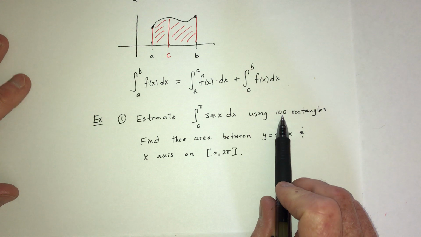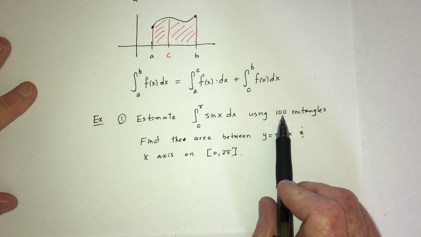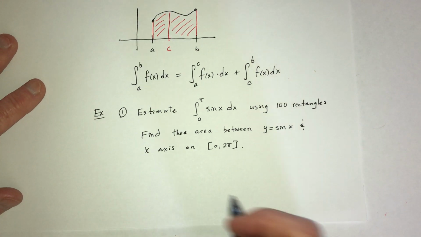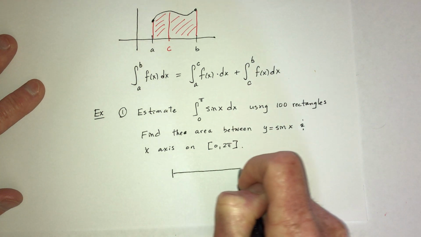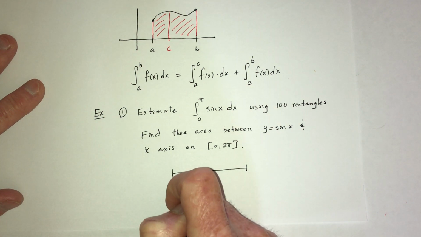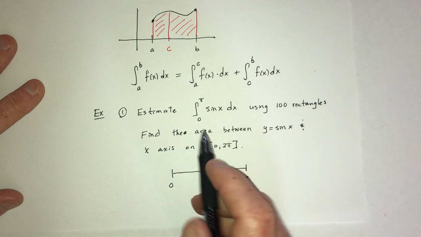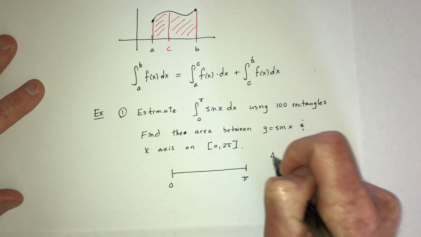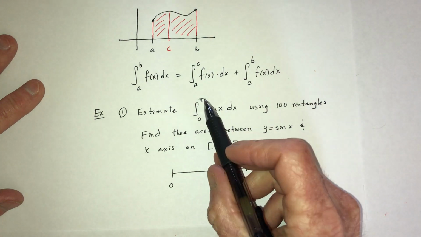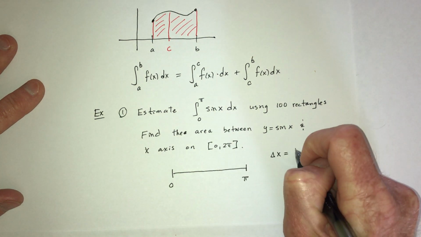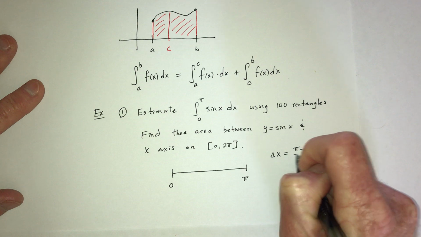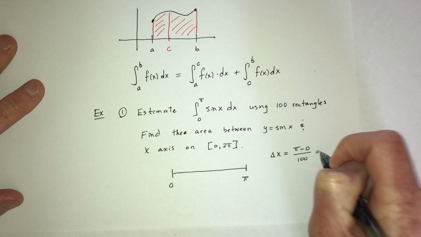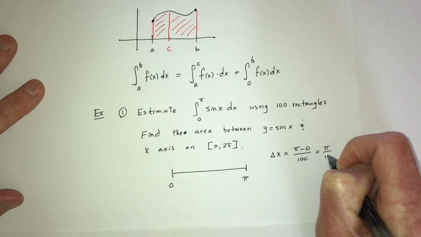So this is the Riemann sum, just like we did in section 5.1. So the x-axis is going to go from 0 to pi. So I'm working on this part right now. And then we need delta x. So that would be pi minus 0 over 100. So delta x is pi over 100.